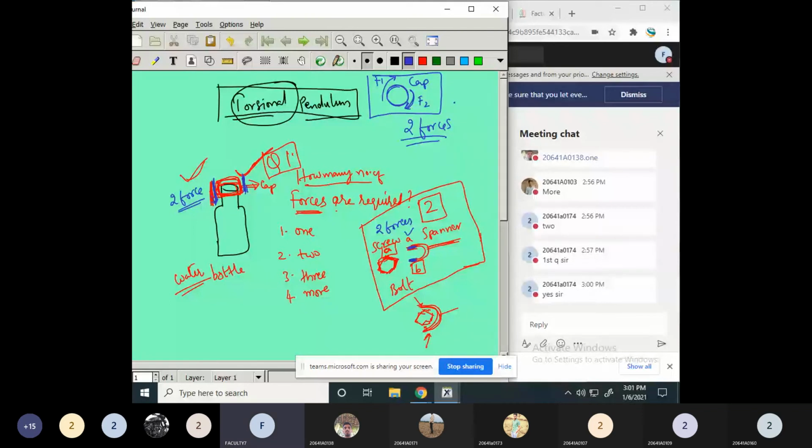F1 and F2 will be equal, the same amount of force you apply, but they are opposite to each other. So F1 is equal to F2, but as you can see from the arrow marks, these two are in opposite directions. This is what you are going to consider in this concept, torsion.